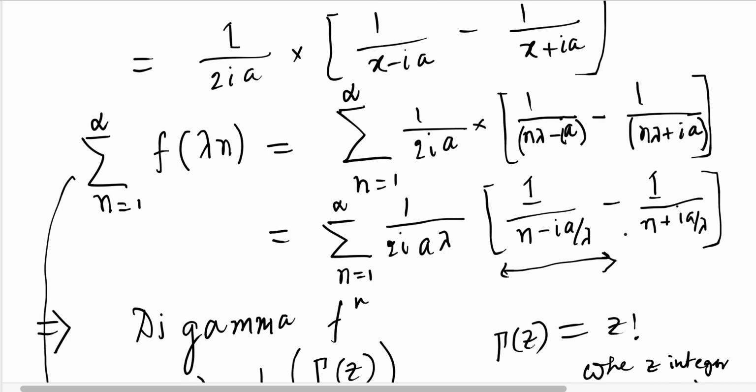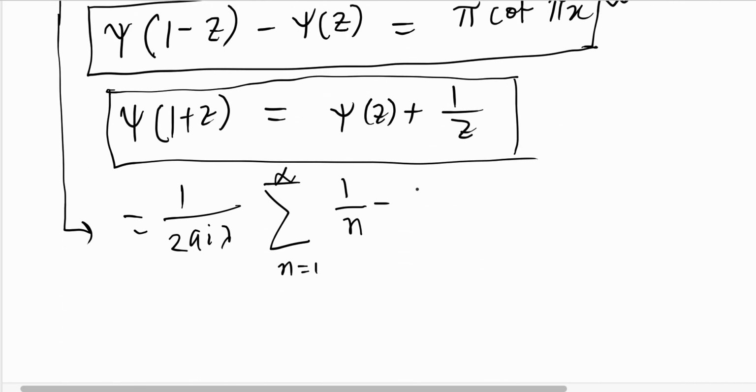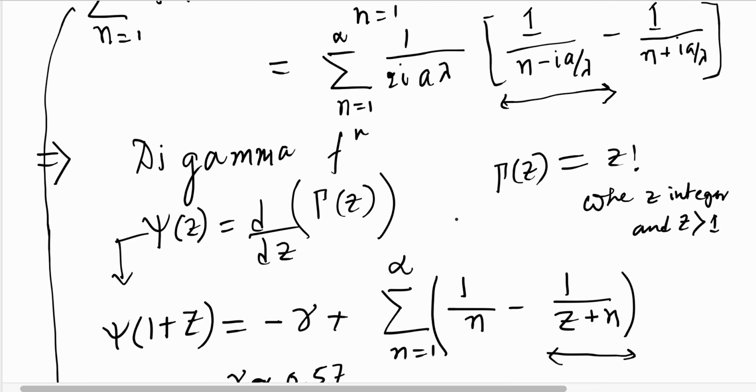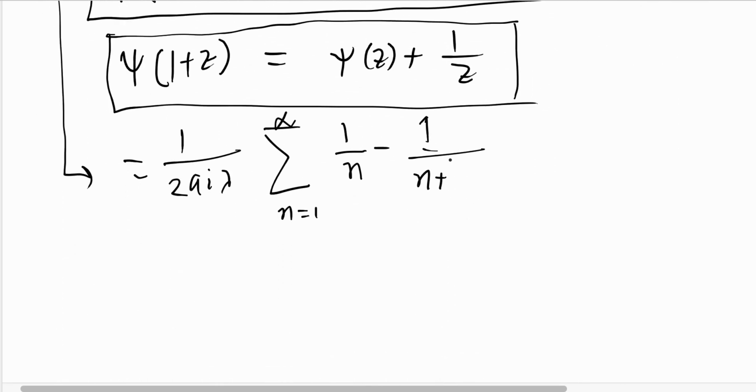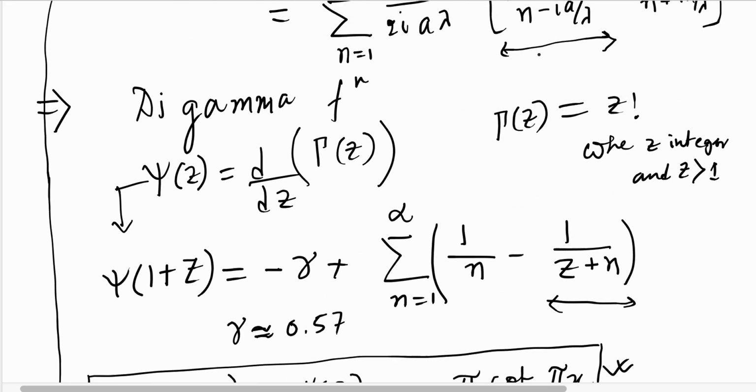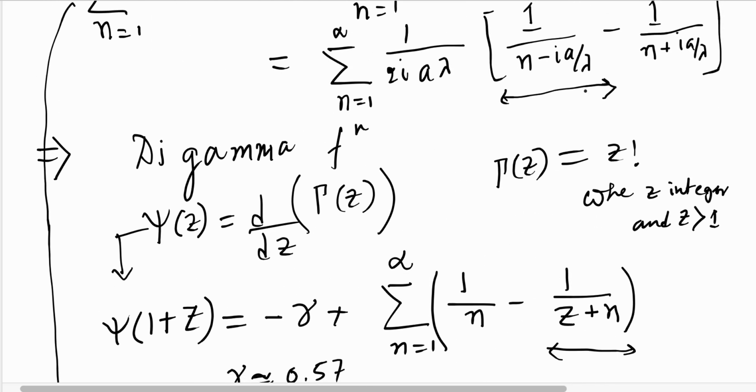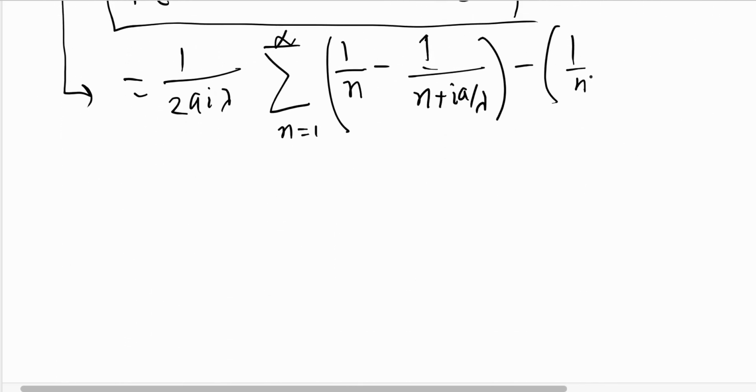If I add 1 by n and rearrange, it becomes 1 by n plus ia by lambda minus 1 by n, so the 1 by n cancels out, and what remains is 1 by n minus ia by lambda.